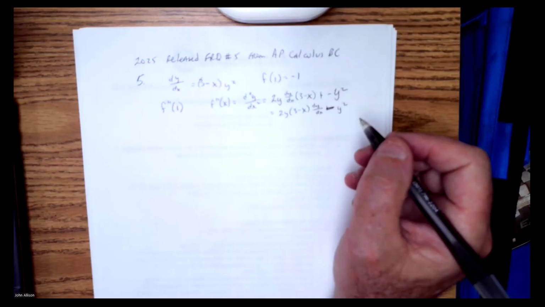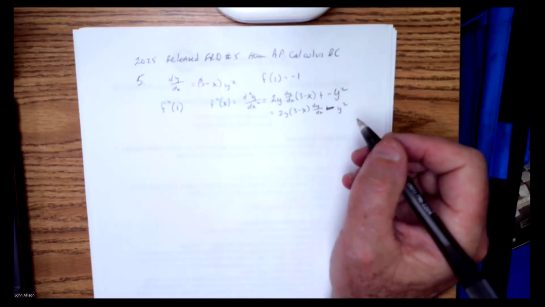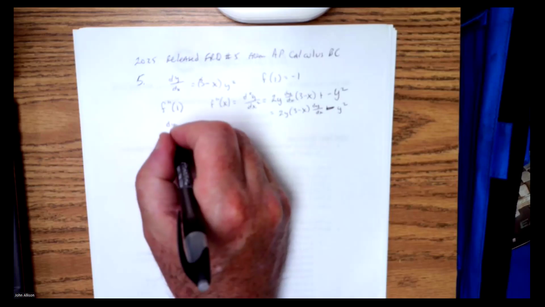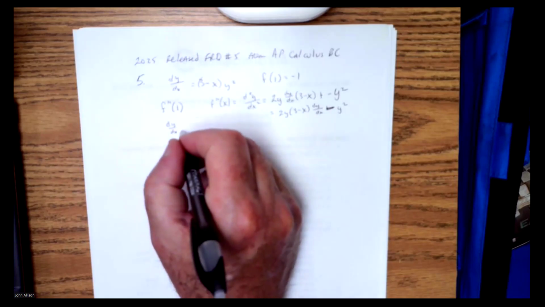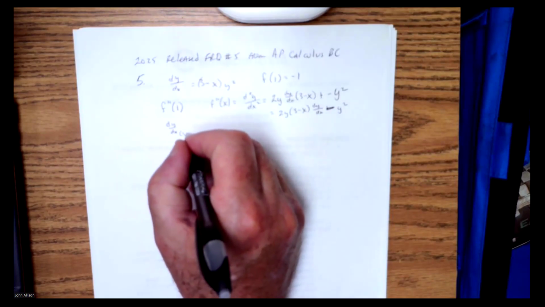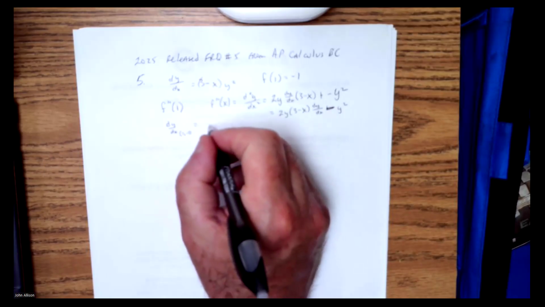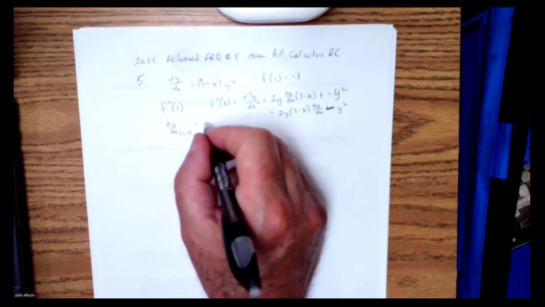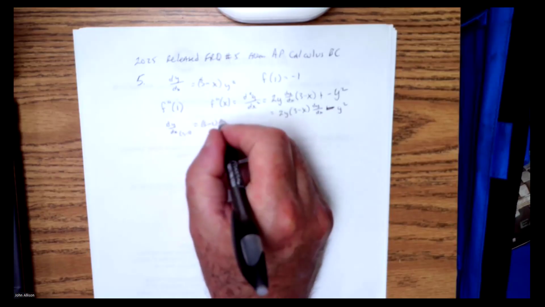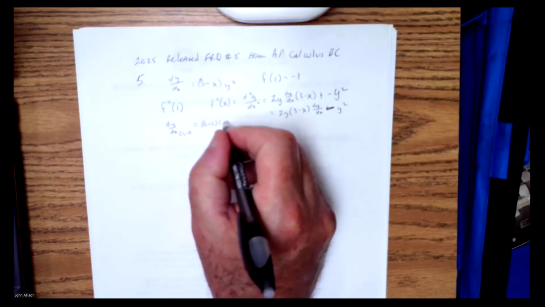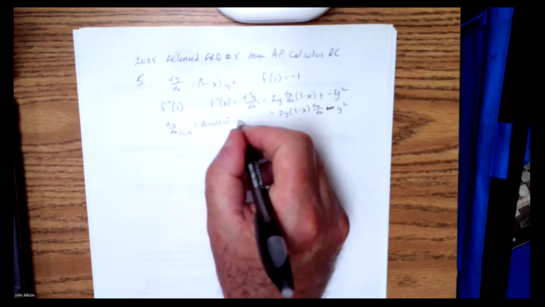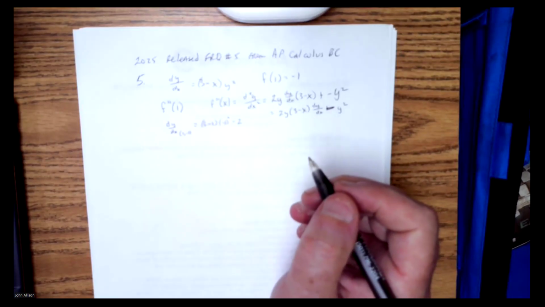Now find that value at the point (1, -1). So we need to evaluate dy/dx at the point (1, -1). That's going to be 3 minus 1 times -1 squared, which is just going to be 2.